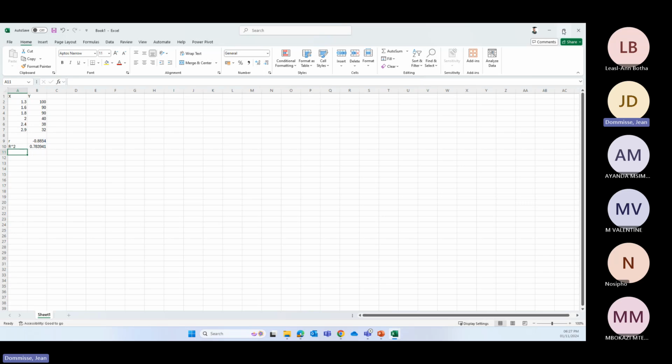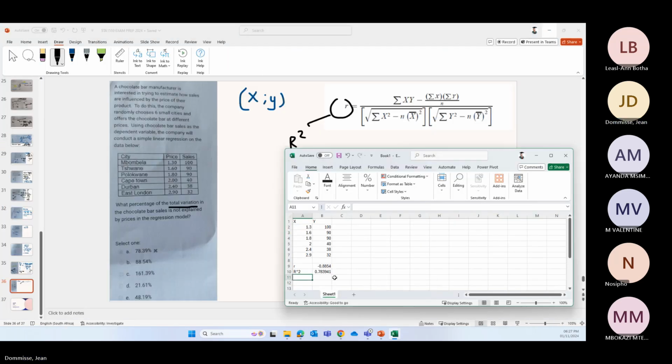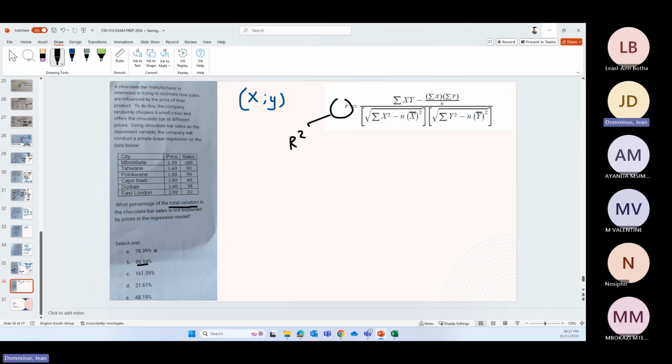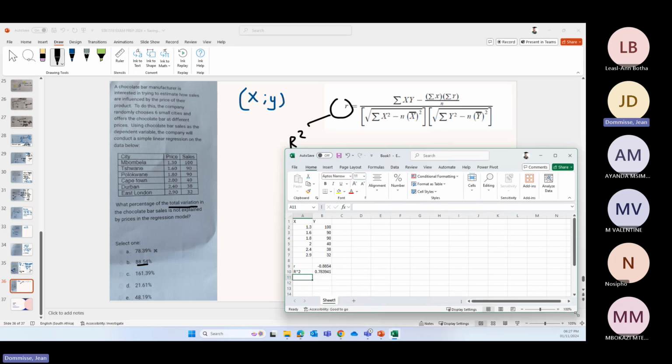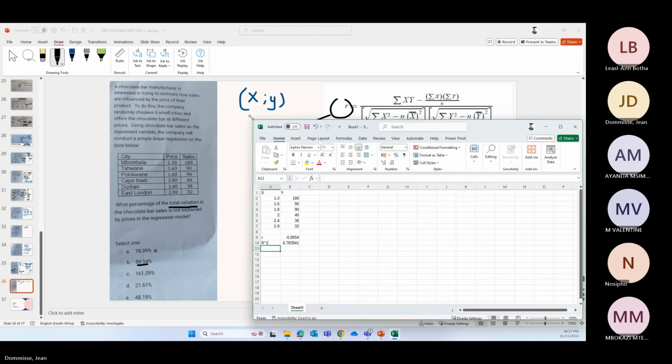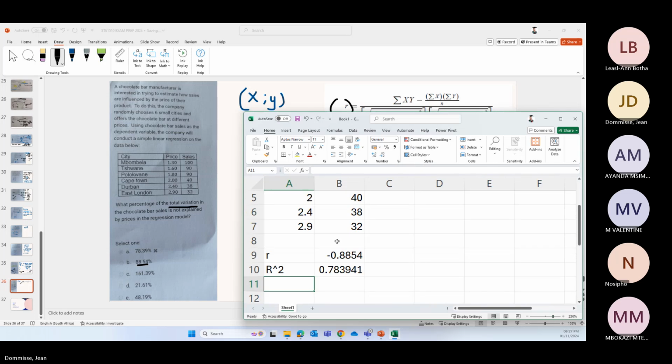Okay, so again, there was the 0.8854, but it was negative. So let's just make this a bit bigger. And then if that is multiplied by 100, we get those. That's interesting. Why was that marked wrong?